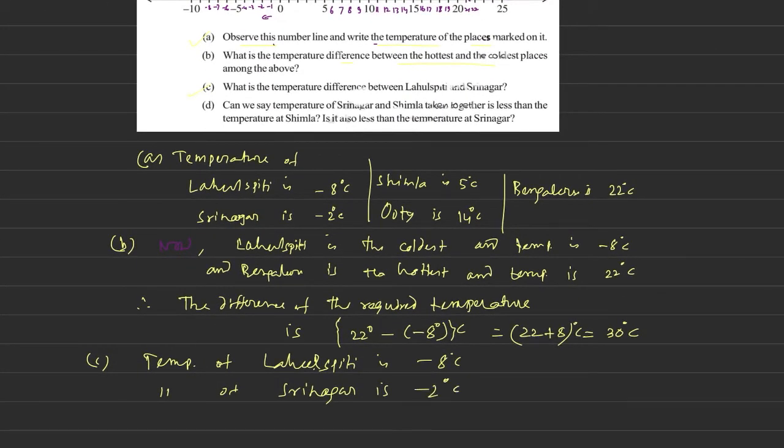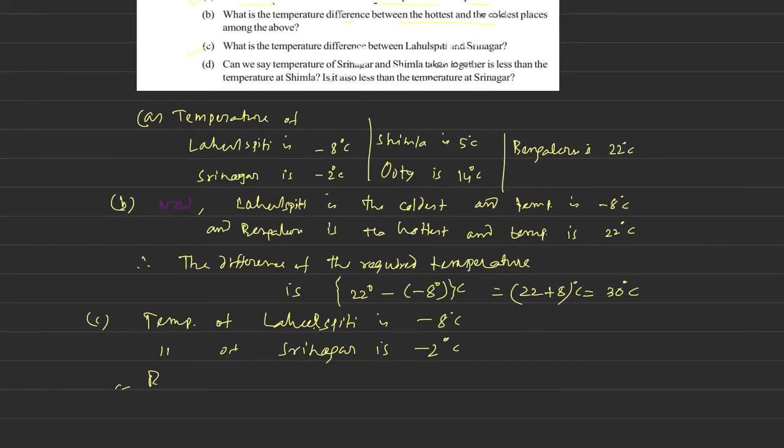What is the temperature difference? Therefore, the required difference is equal to minus 2 degrees minus minus 8 degrees Celsius, that is equal to minus 2 plus 8 degrees Celsius, that is equal to 6 degrees Celsius. This is the answer of question C.